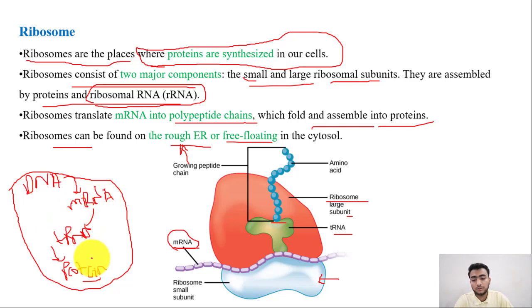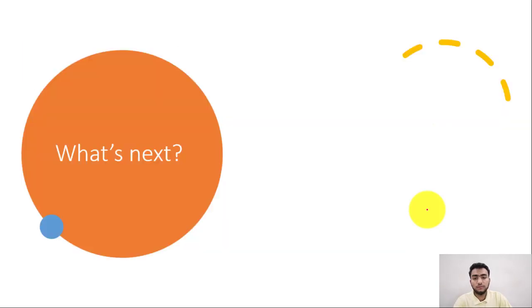DNA to mRNA to protein is the central dogma of molecular biology, that you can definitely look up in detail on Google as well, but that's not a part of this course. And we see that this is how a ribosome looks, and it plays a really crucial role in the synthesis of protein.